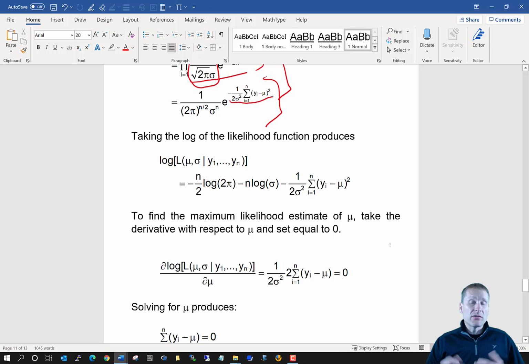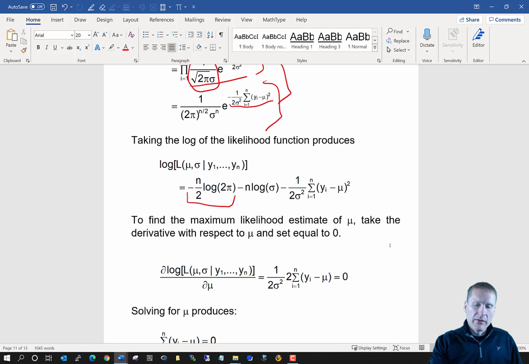So let's take the log of the likelihood function and notice how things nicely simplify. So now I have negative n divided by 2 log of 2 pi. So notice I have an n divided by 2 there. That's where that comes from. The negative comes from, of course, that this was in the denominator.